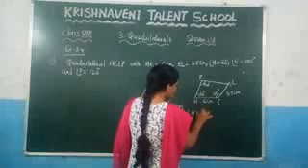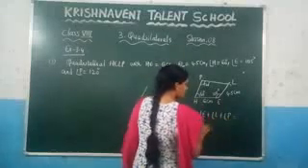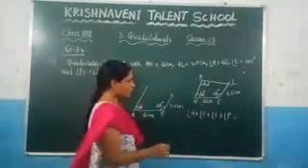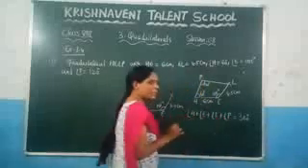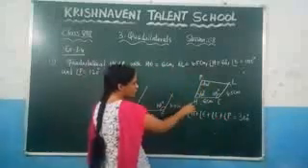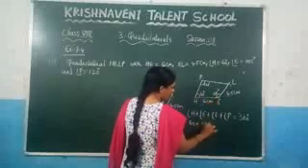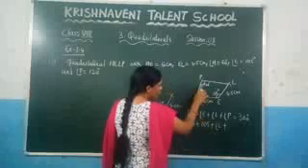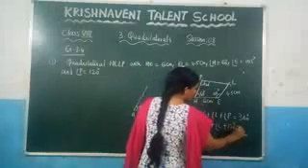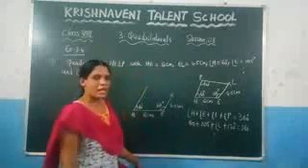Angle H plus angle E plus angle L plus angle P is 360 degrees. Angle H is 60, angle E is 105, angle L we don't know, and angle P is 120. From this you can find angle L.